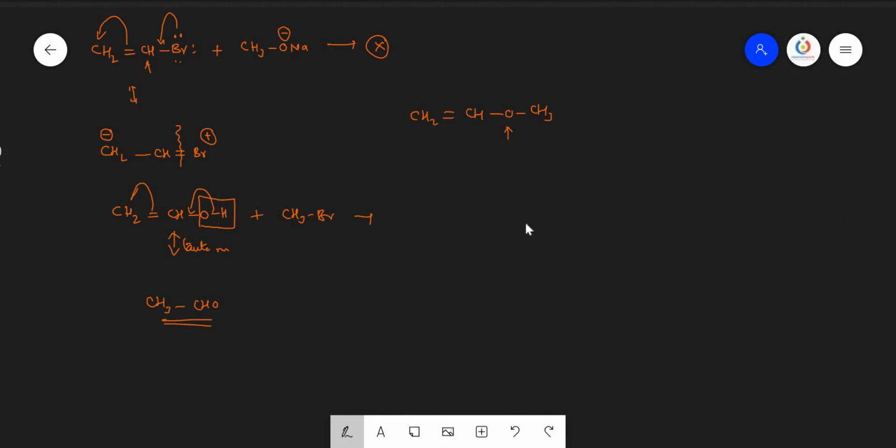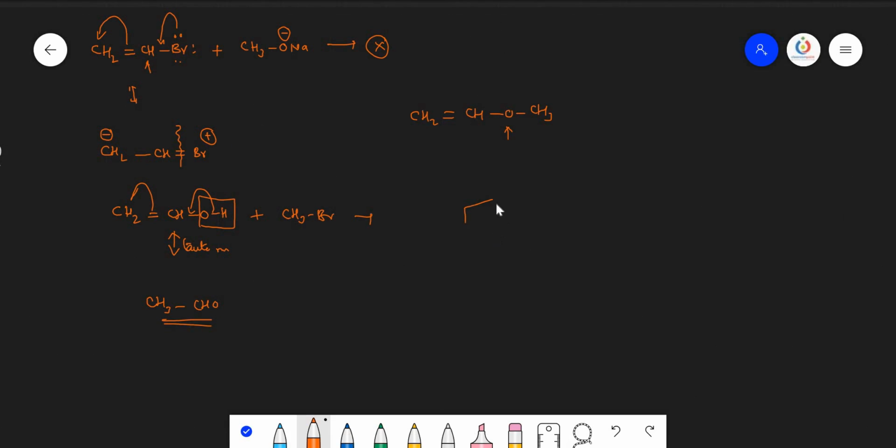Let us see another combination. What about taking chlorobenzene with methyl alcohol in the presence of sodium? Here you can't get the ether, but you will get the ether if the alcohol is the part of the aromatic ring.